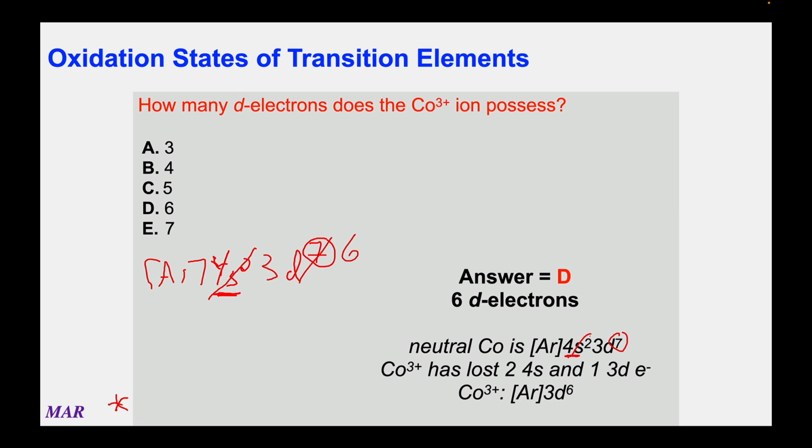And hopefully now you can see why we're writing them as argon 4s2 3d7 or argon 3d7 4s2. If you're filling in electrons, it makes sense to write the 4s first and the 3d second. And honestly, that's what we've done up to this chapter most of the time. But if you're taking away electrons, it makes sense to write 4s last because they're the first ones to go.